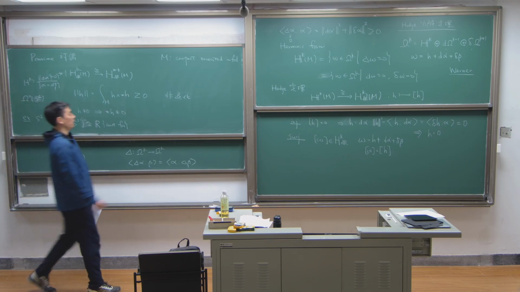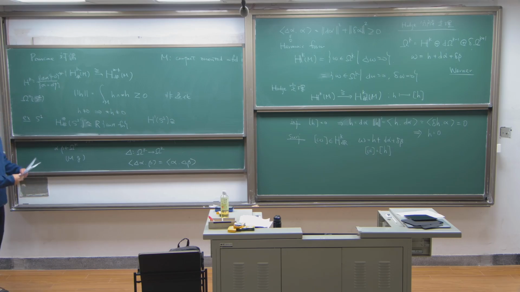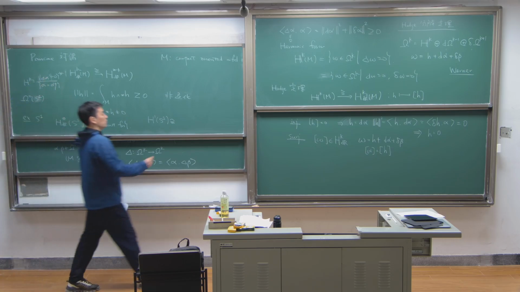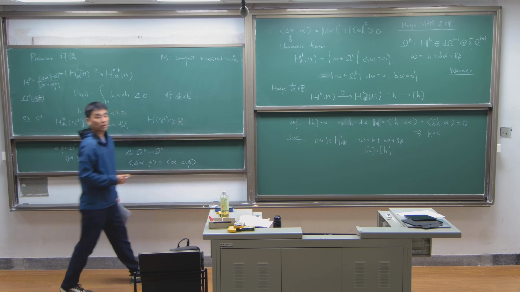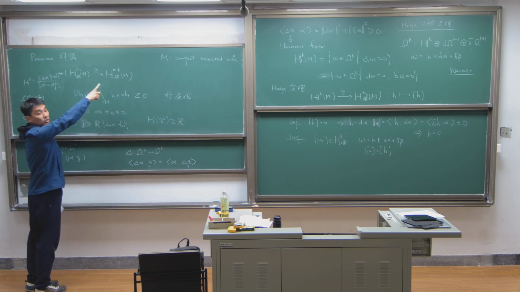How about H1? If we use Poincaré 对偶的话，这个是 R, isomorphic to R. Because 0 and 1 are dual to each other. It's one dimensional.